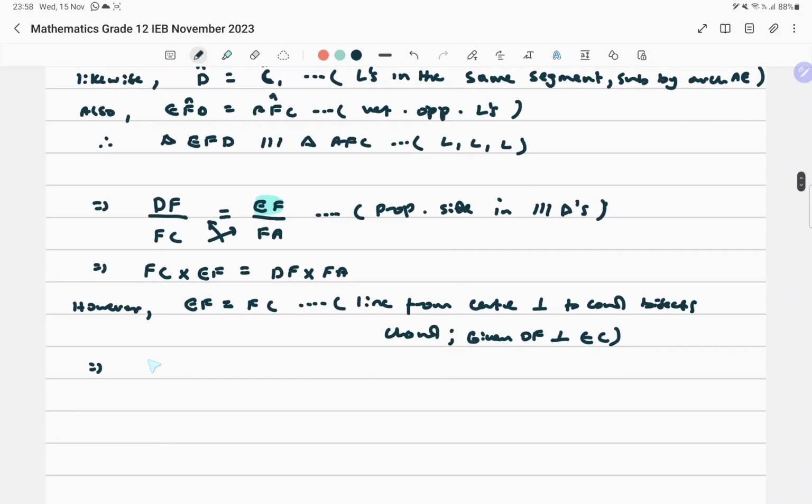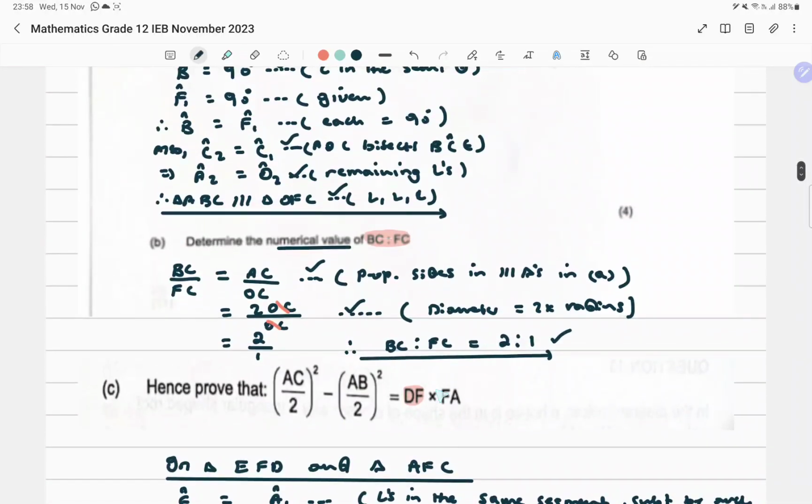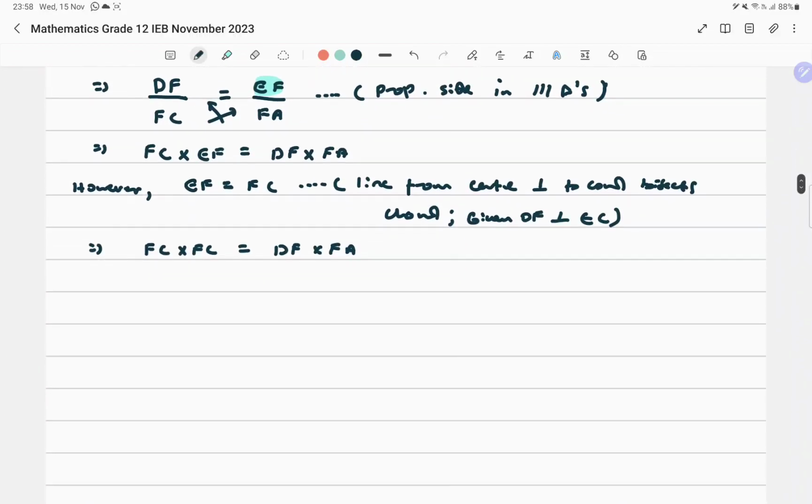So we can just simply say now, therefore, FC multiplied by FC is equal to DF multiplied by FA. So the right-hand side is already the way we want it, so we're not going to bother with that, which also implies that FC squared is equal to DF times FA. Okay, good.